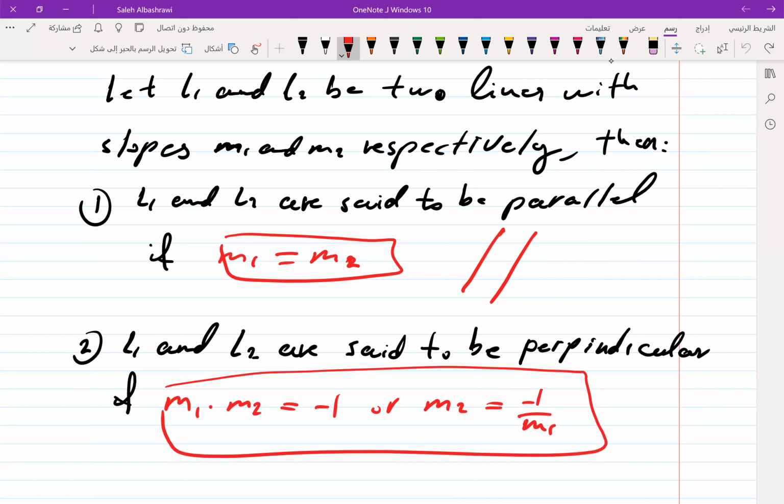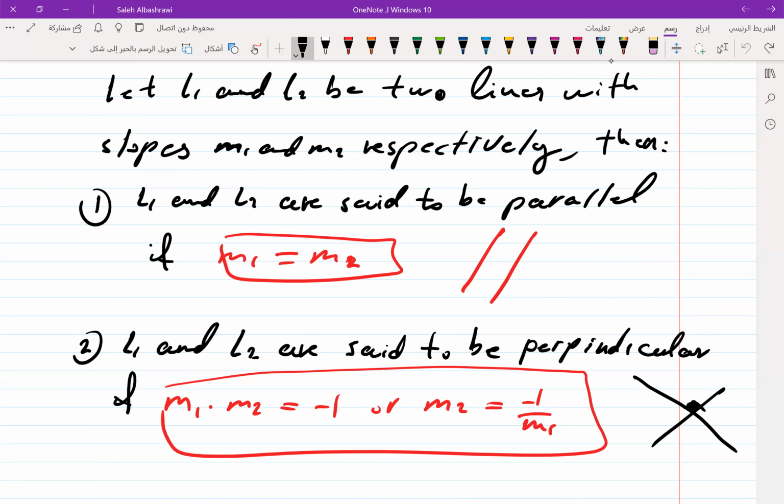Perpendicular means they are making an angle of 90 degrees. The angle between them is a right angle. So two lines are perpendicular if m1 multiplied by m2 equals -1, or simply m2 equals -1 divided by m1.